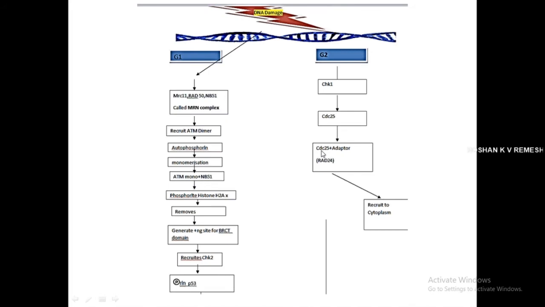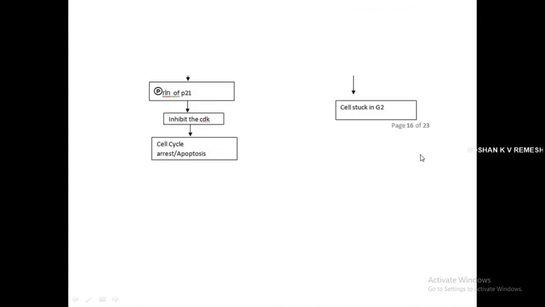So the CDC25 may not be available in the nucleoplasm. Normally these things are happening in the nucleoplasm, so the availability of CDC25 should be in the nucleoplasm.